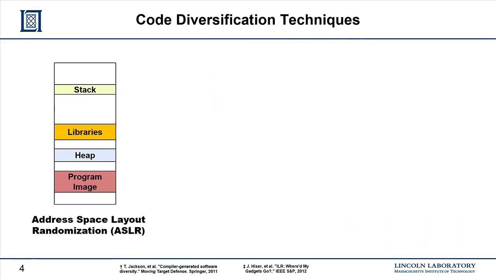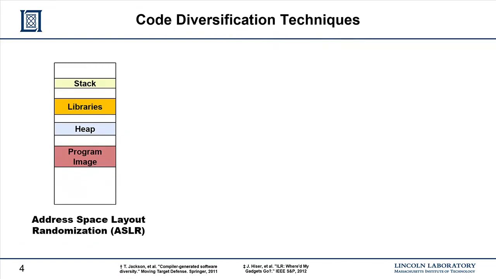There are load-time randomization techniques, for example, address space layout randomization, as was described in previous talks as well, which randomizes the location of certain regions of memory, such as heap, stack, and linked libraries, at load time to random addresses.